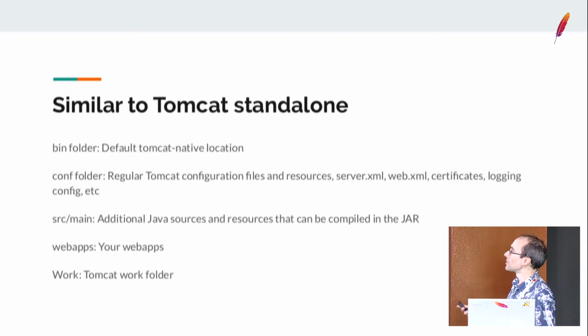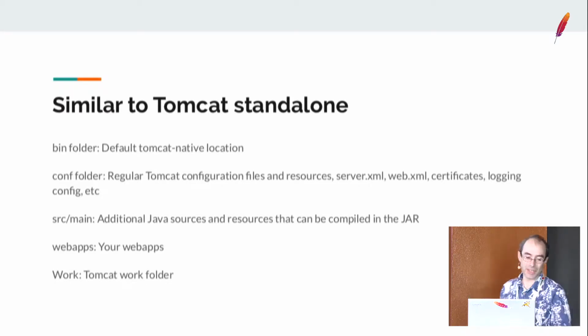So I put in certificates, but we'll actually use the key store here, and login config as well. The usual stuff. So source main, it's all the Java sources that you would want to have compiled into the fat jar. You can add your stuff at this point here, no problem.